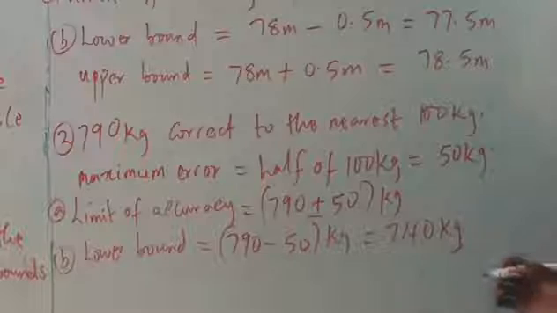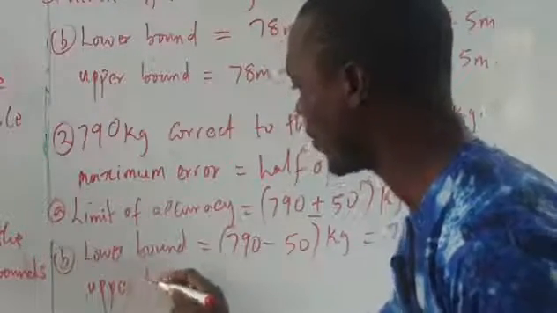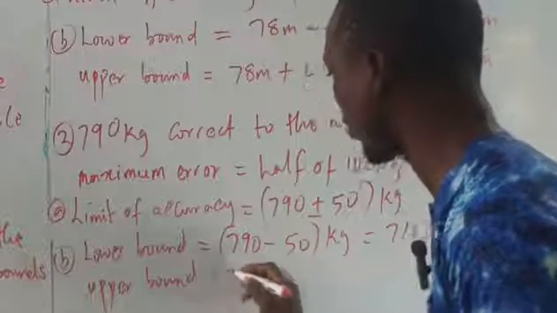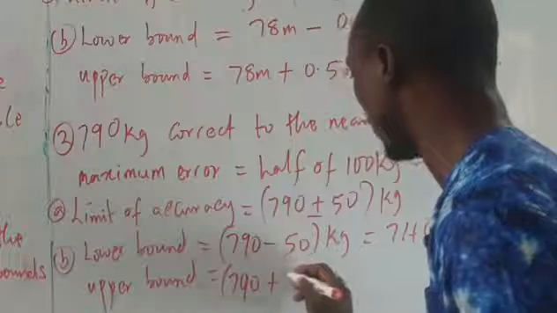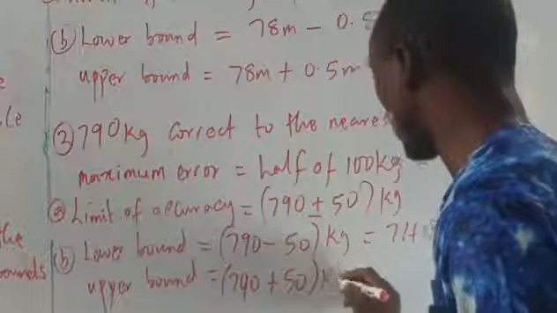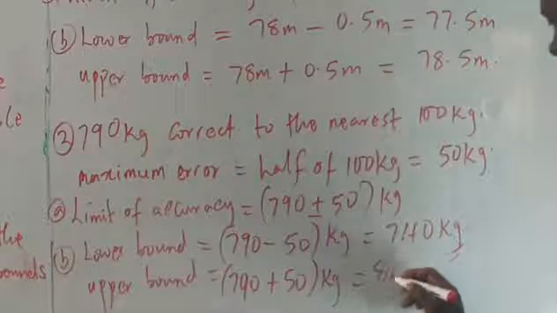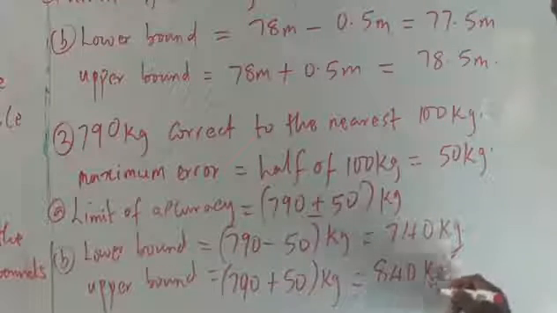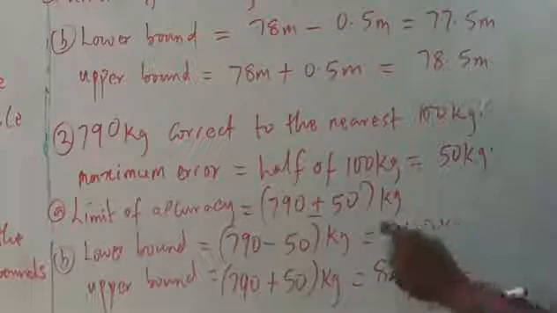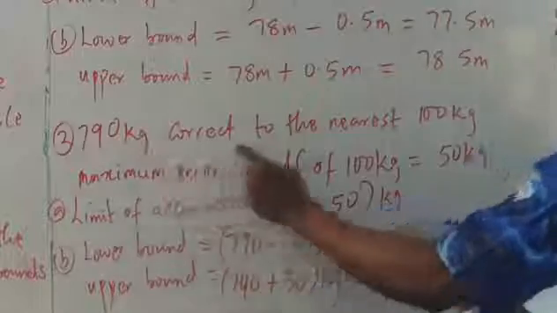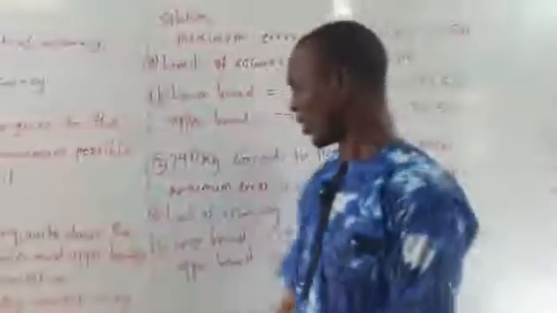Then the upper band is equal to 790 plus 50 kg, which is 840 kg. So here is the upper band, the maximum value we can correct 790 kg to when we are correcting it to the nearest 100 kg. Thank you.